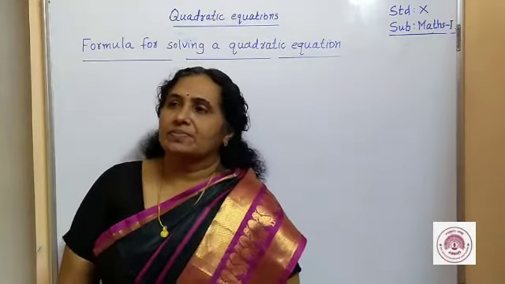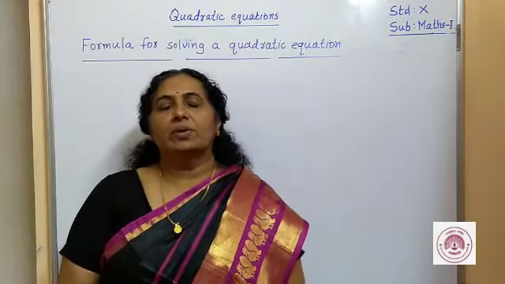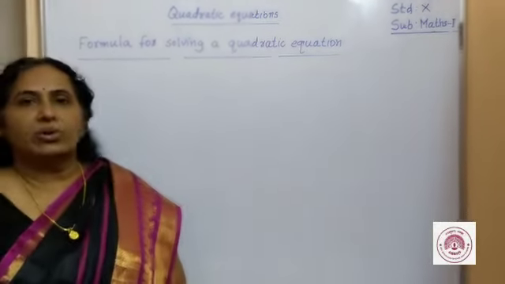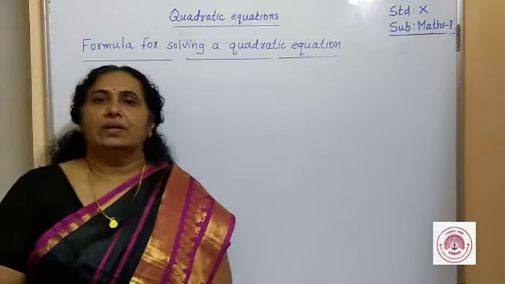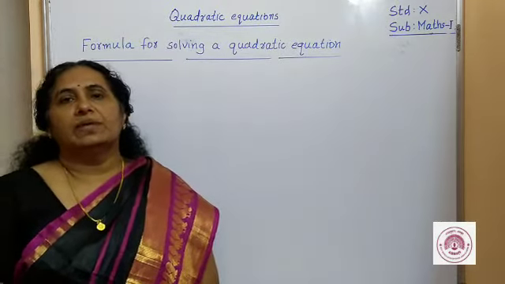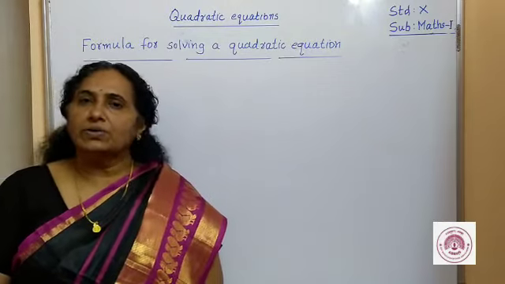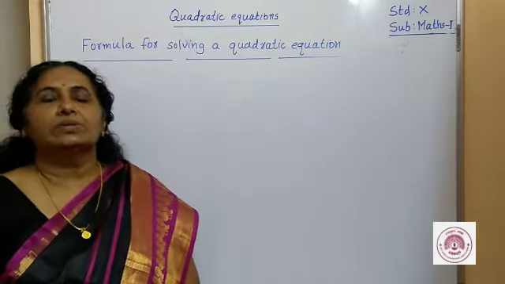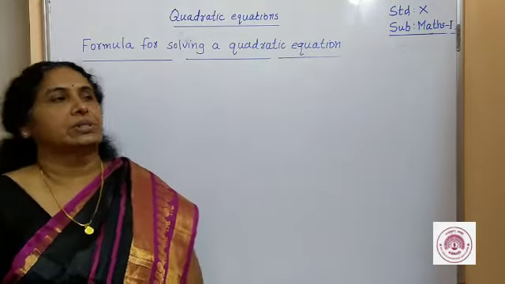Quadratic equations. You have already learned about quadratic equations in your previous sessions. What is a quadratic equation? An equation involving one variable and having 2 as the maximum index of the variable is called a quadratic equation.